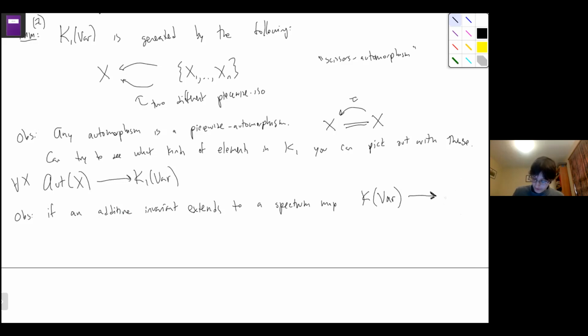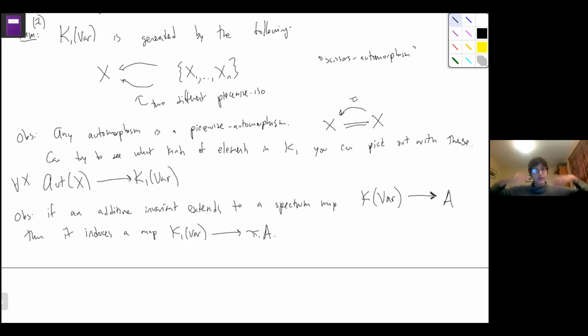I don't know. I'll call it A. If there's a spectrum map like that, then it induces a map K1 of varieties to pi1 of A.